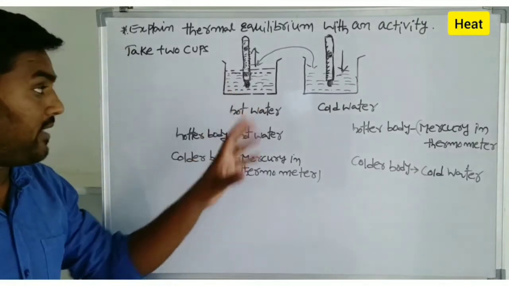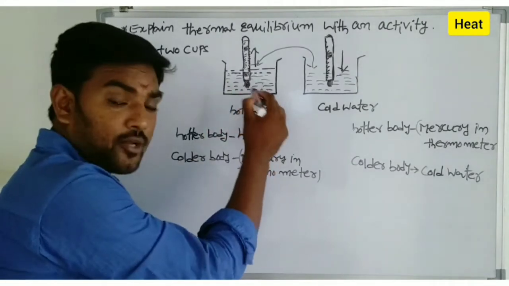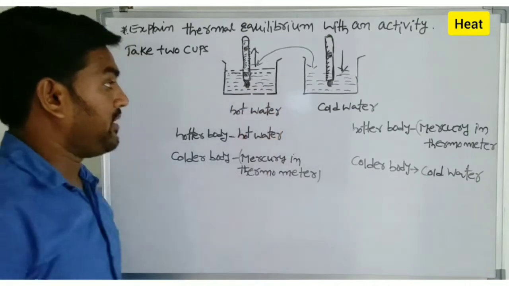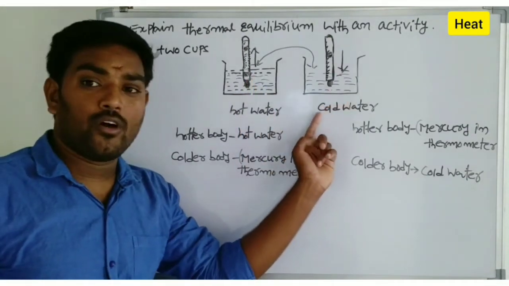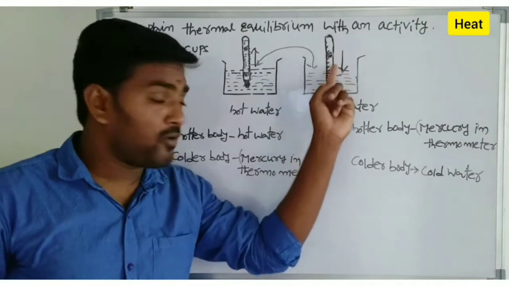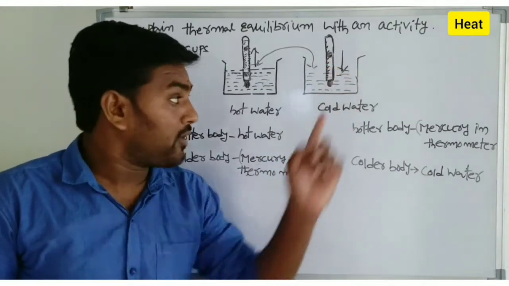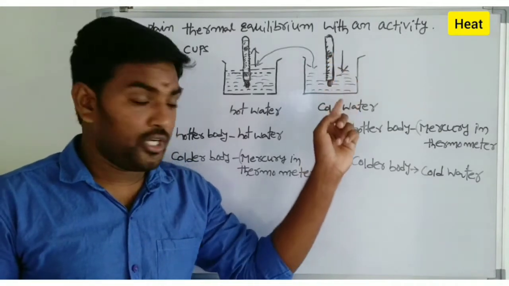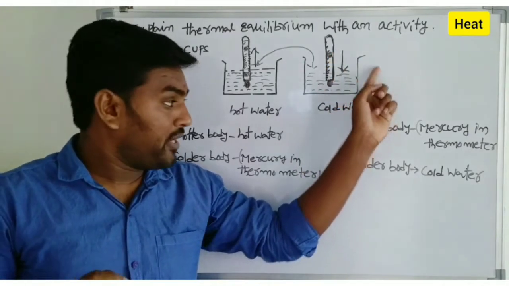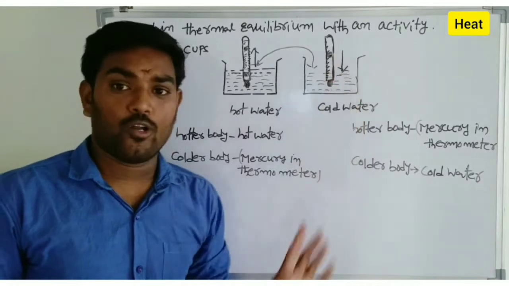Similarly, take the thermometer out of the hot water and put it in cold water. Observe the mercury level of the thermometer. The mercury level comes down from its initial position due to transfer of heat from the hotter body to the colder body.